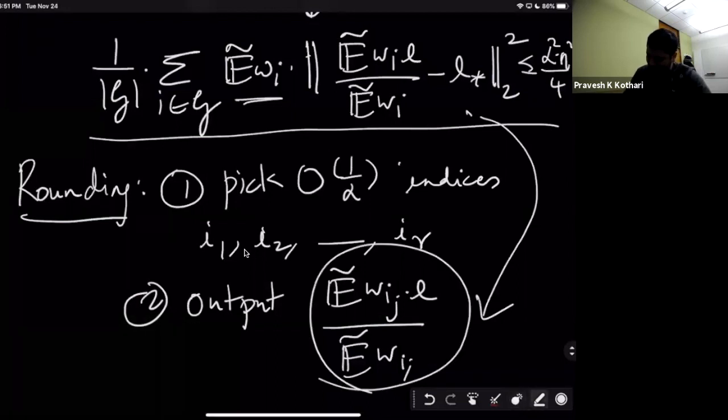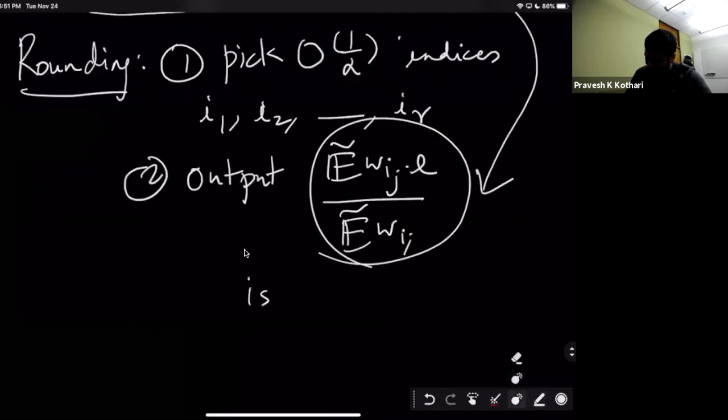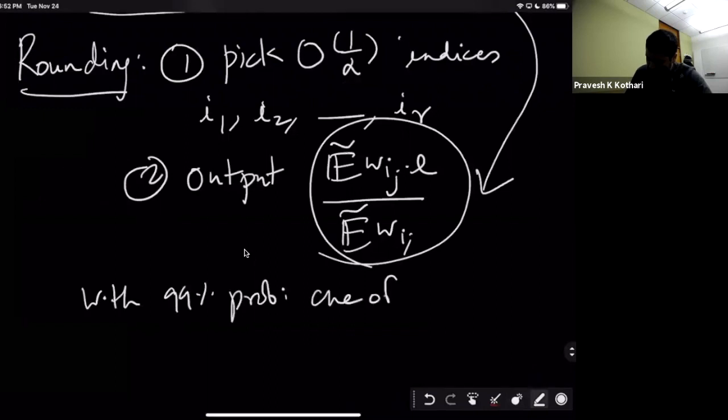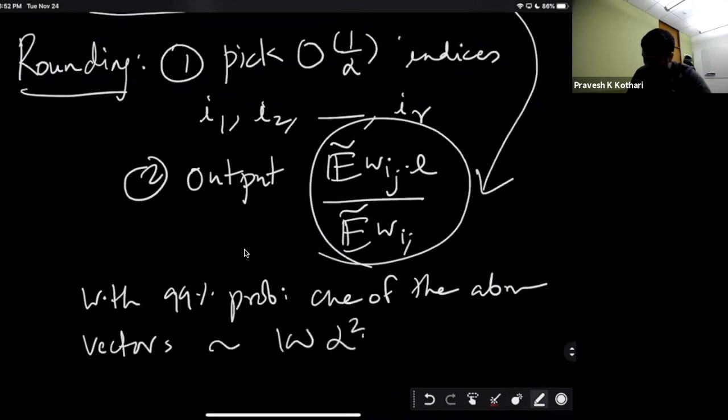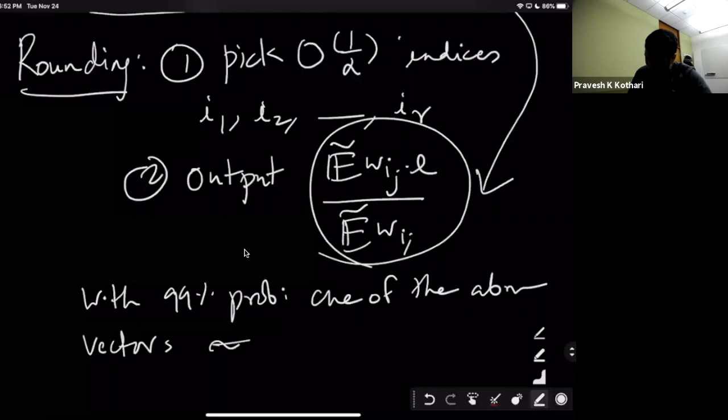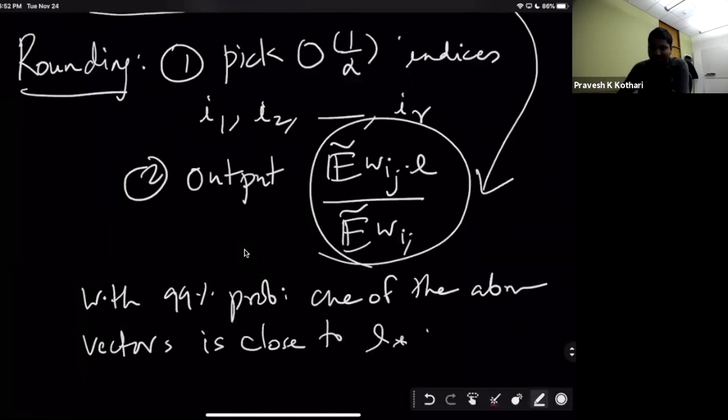So one of these vectors will satisfy, with let's say 99% probability, a distance of some 100 alpha square. Actually, I didn't quite explain where that's going to come from. Let me just say it's going to be close to L star. Sorry for the very rushed description of the algorithm.